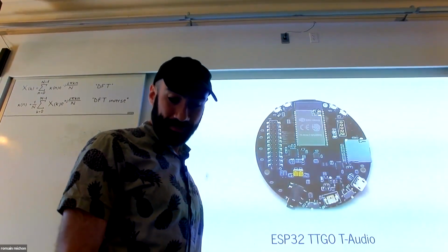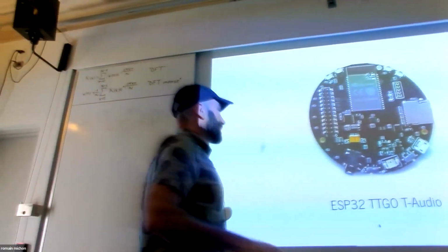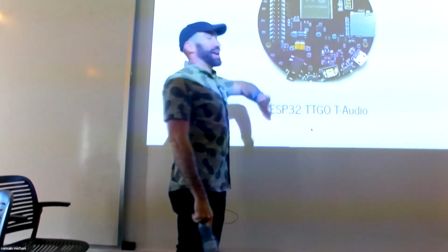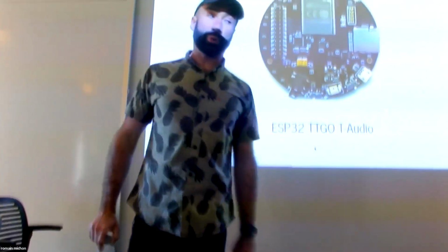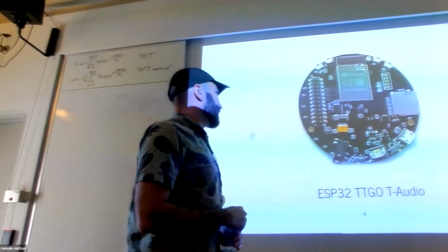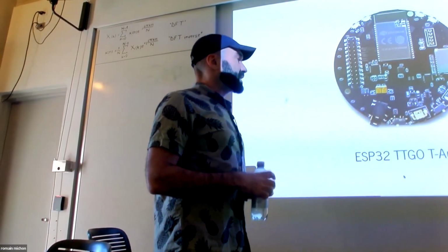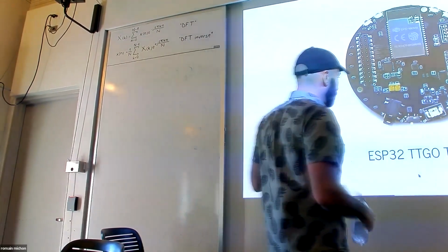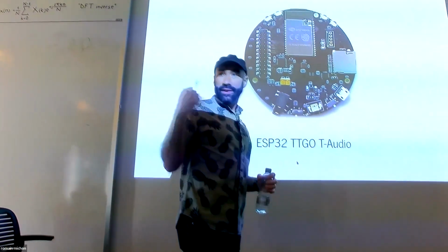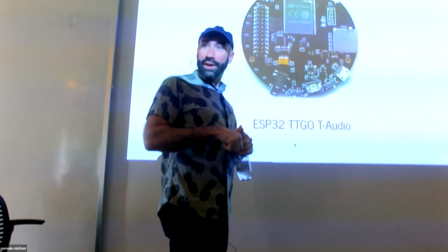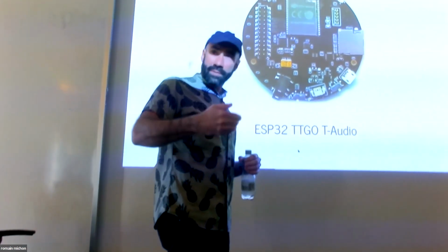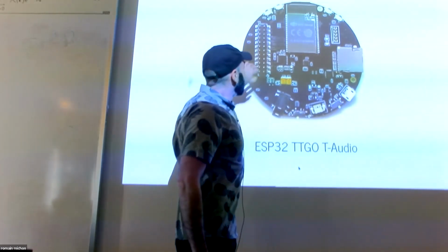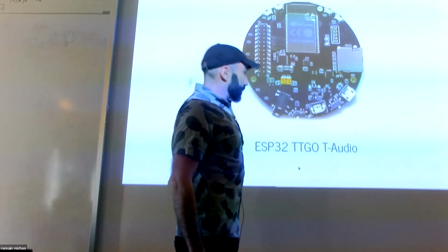I think that's interesting. Okay, so this one is really, really cool because it really does everything, and it's super, super, super cheap. Well, it's slightly more expensive now, but I think now it's $20. And so for $20, you have a 9 degrees of freedom sensor, so accelerometer, gyroscope, everything you want. You have an SD card reader.